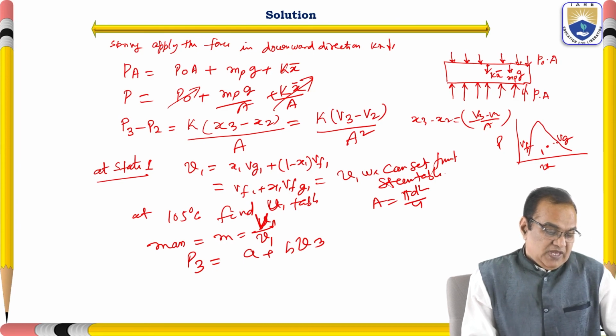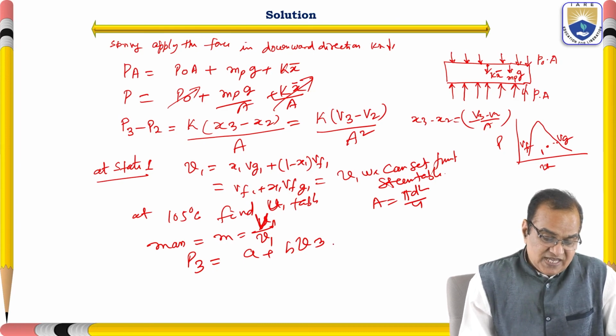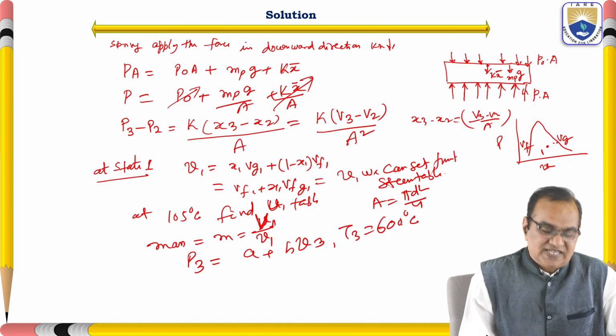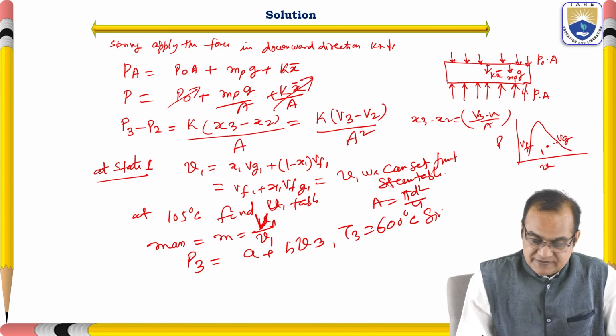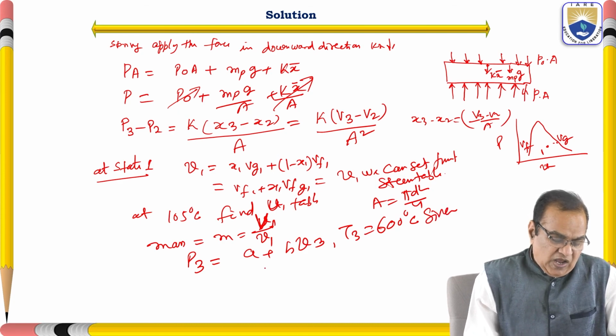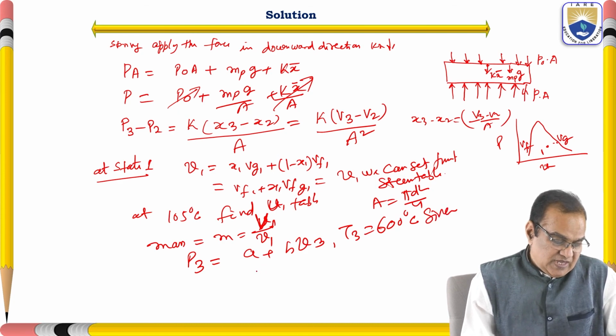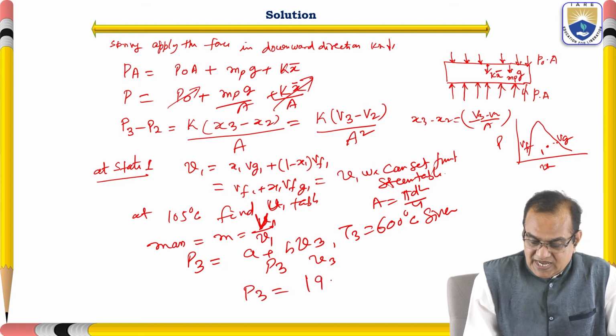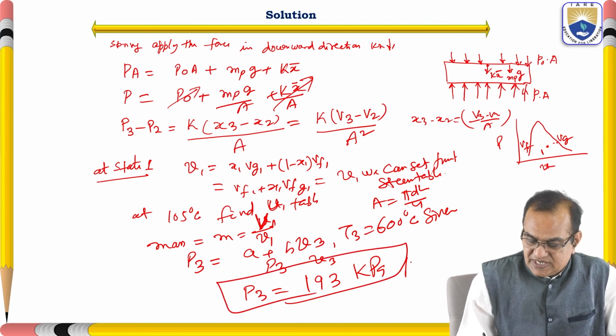So we can make this, and at T3 we have 600 degrees centigrade. This is given. So from this P3 we can get the V3. So P3 we will get as 193 kilopascal. This is the answer.